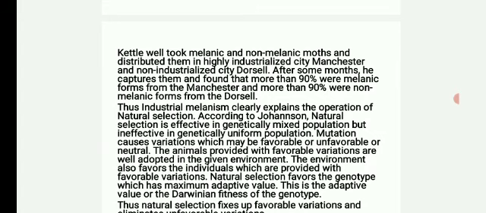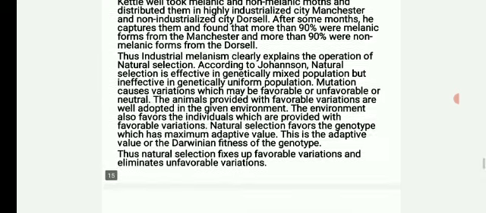The environment also favors the individuals which are provided with favorable variations. Natural selection favors the genotype which has maximum adaptive value. This is the adaptive value or Darwinian fitness of the genotype. Thus, natural selection fixes favorable variations and eliminates unfavorable variations.